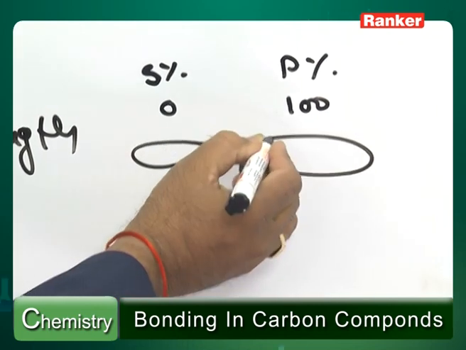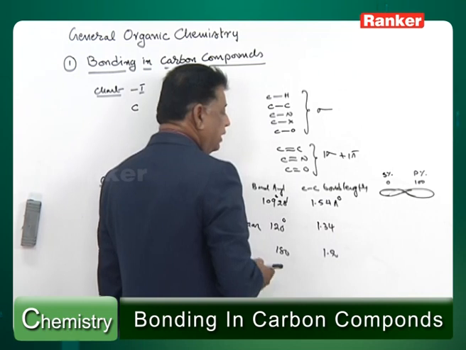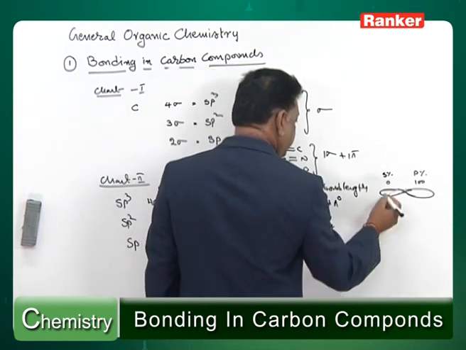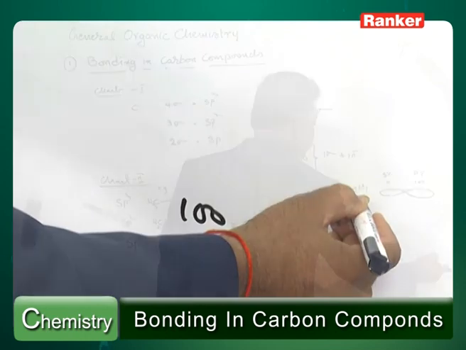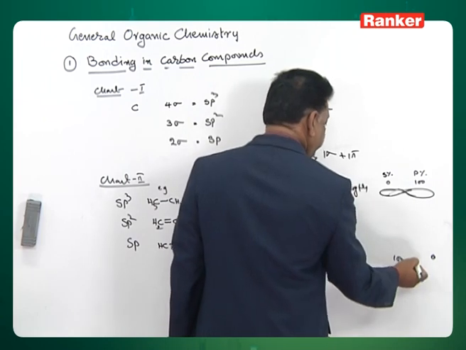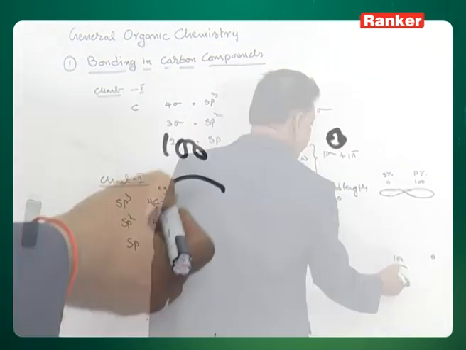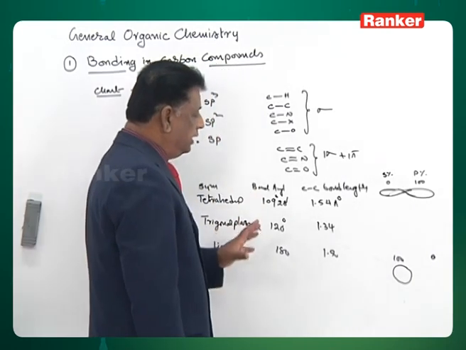Equal lobes are there, isn't it? So, exactly the dumbbell will be there. If the S character is 100% and the P is 0, then the shape of this hybrid orbital will be perfectly spherical. S will be spherical, isn't it? P is not there, only S.